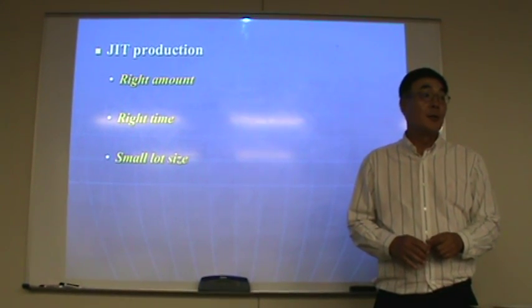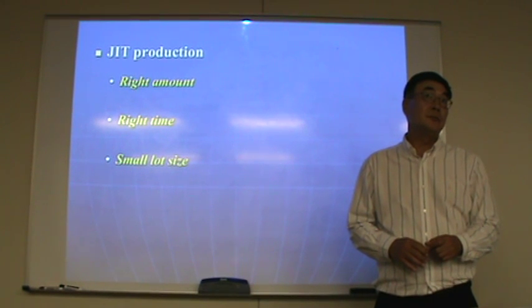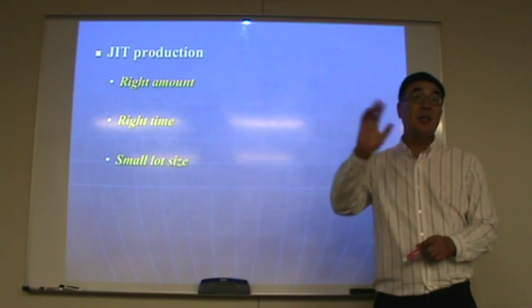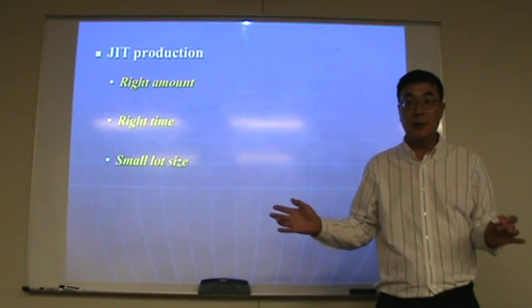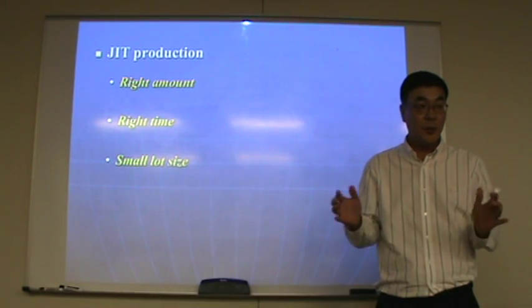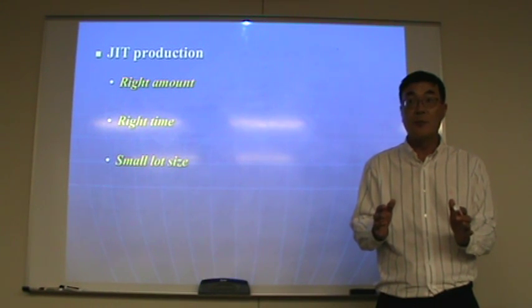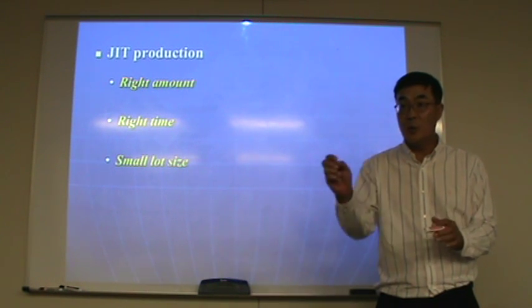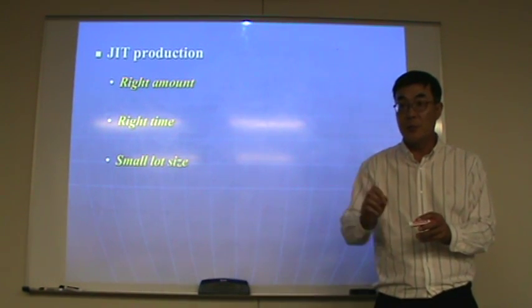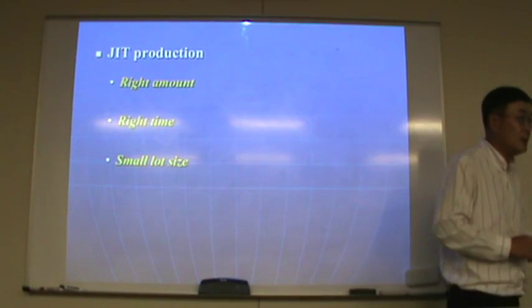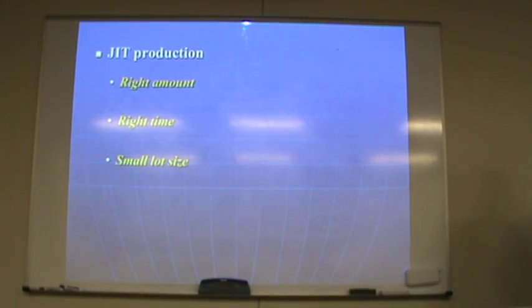But even now we cannot eliminate the entire inventory. If we can reduce inventory size, we can save cost, right? So order small by small, right? So the JIT system needs small orders, small by small.